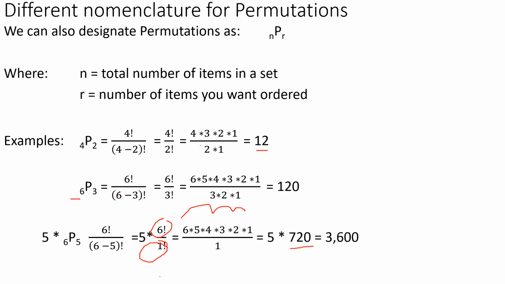Now, I didn't show you before, I'm putting a 5 in front of it, so I multiply the 5 by this equation. 5 times 720 is 3600.